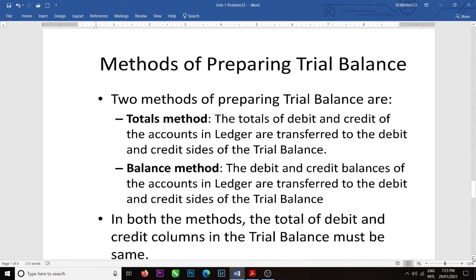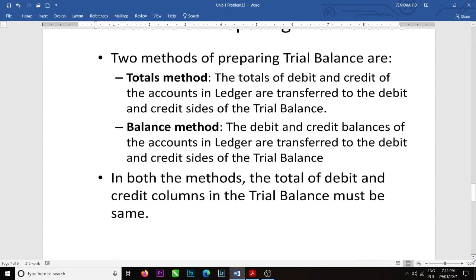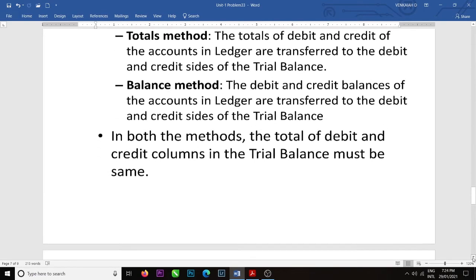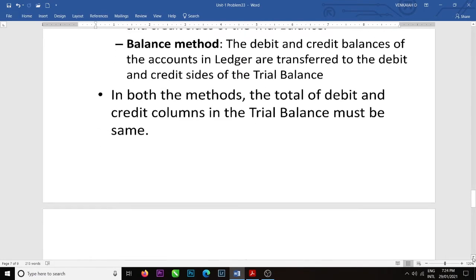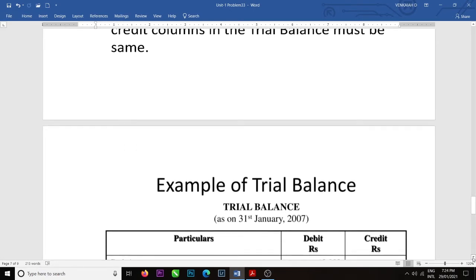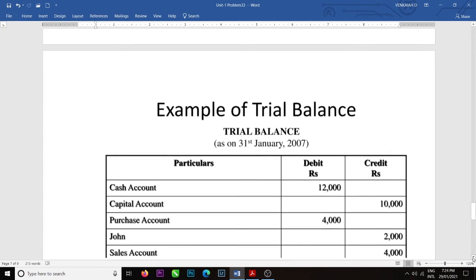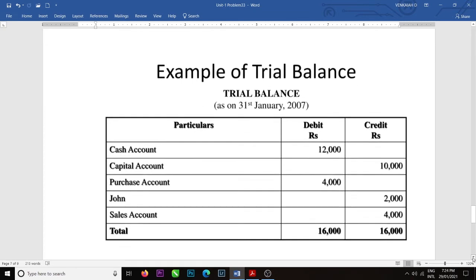In both methods, the total of debit and credit in the trial balance must be the same. At any cost, our trial balance should tally, because we are following the double entry method. The double entry rule is that for every debit, there is a corresponding credit of the same amount.